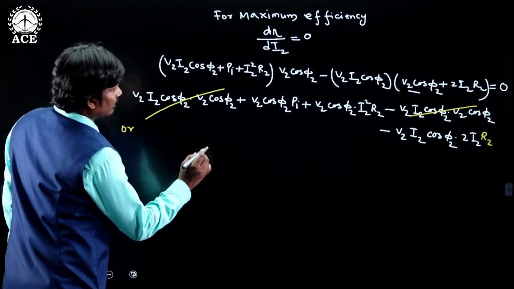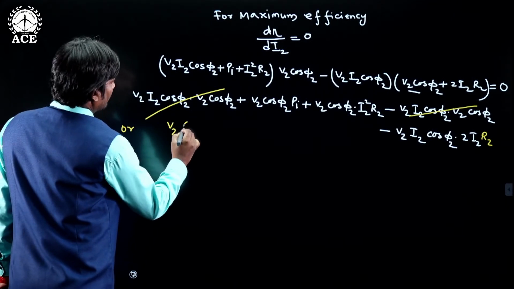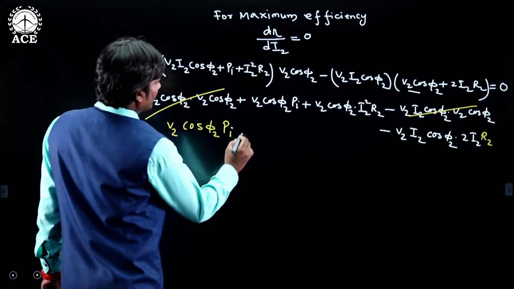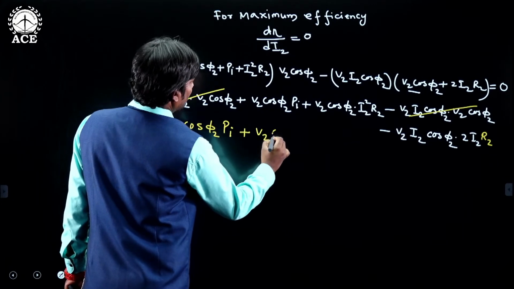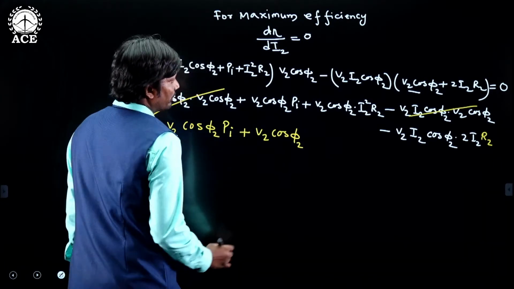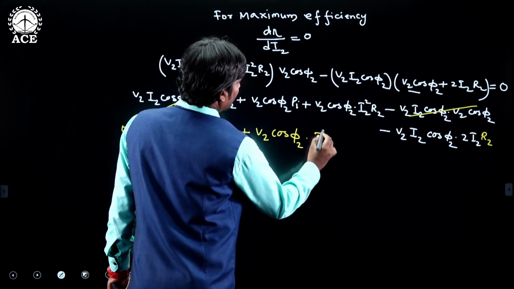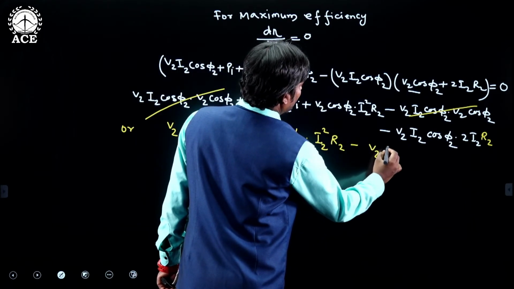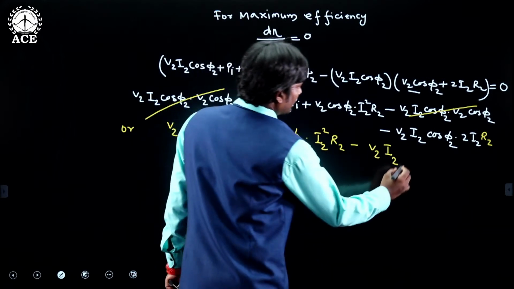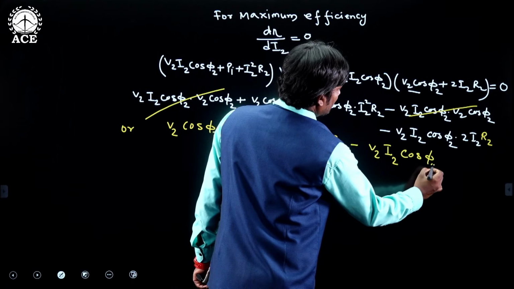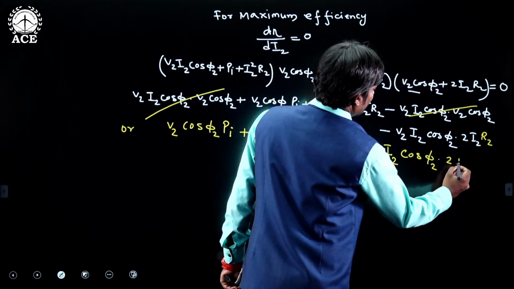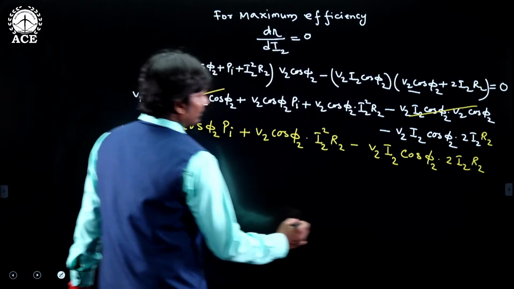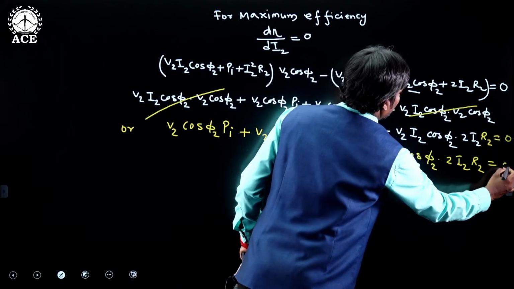What remains is V2 cos phi 2 into Pi, plus V2 cos phi 2 into I2 squared R2, minus V2 cos phi 2 into 2 I2 squared R2, is equal to 0.